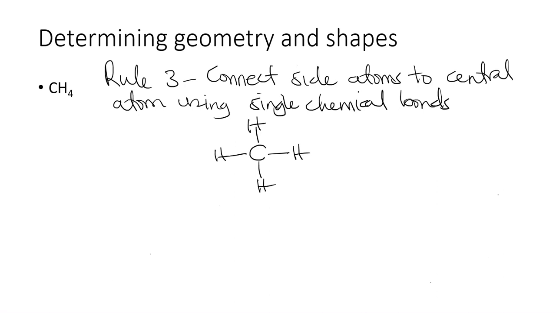So these are the 2 electrons that we are giving. So each chemical bond is actually 2 electrons. So each side atom, which in this case is hydrogen, must be given 2 electrons. So if you see, a single stick is 2 electrons.